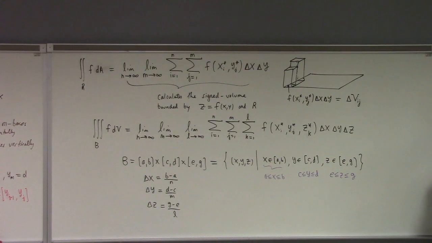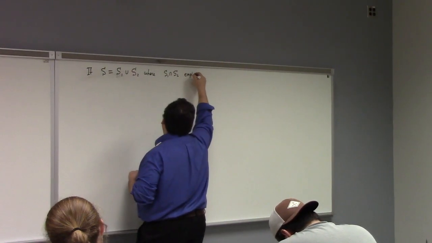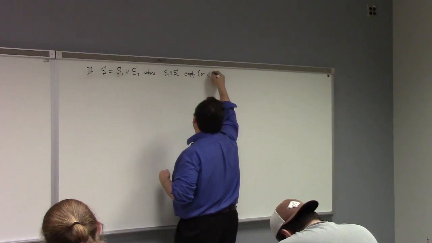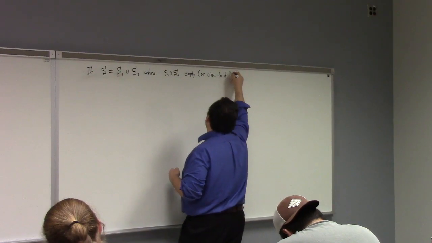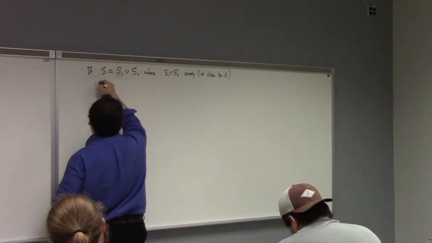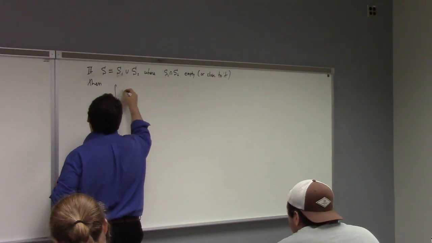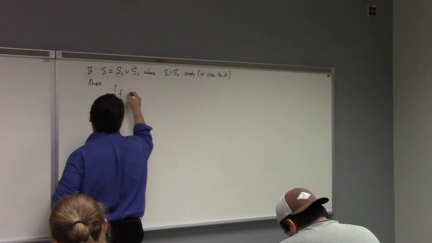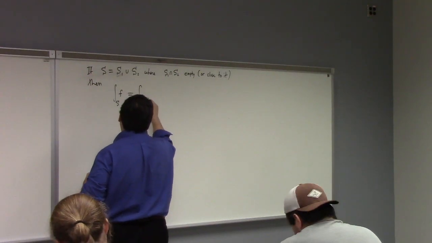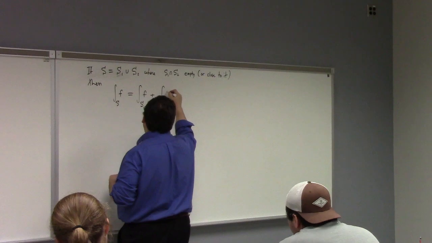If S is the union of two sets, S1 and S2, where S1 intersect S2 is empty or close to it, then we want the integral over S of f to be equal to the integral over S1 of f plus the integral over S2 of f.